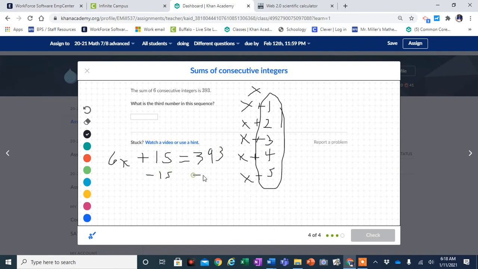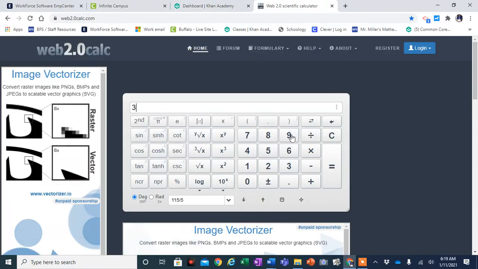Subtract 15, subtract 15. So it's going to be 6x is equal to 393 minus 15. So 393 minus 15 is 378.